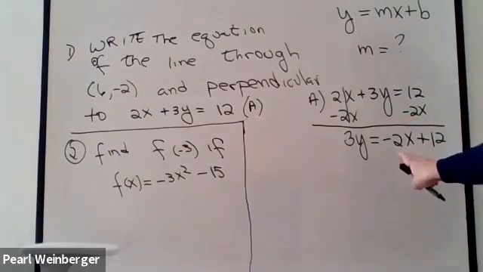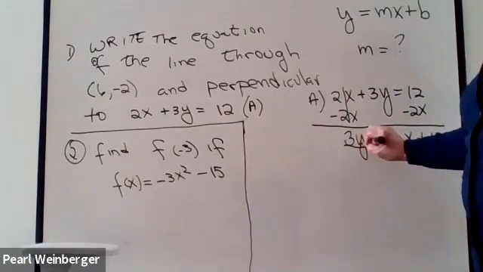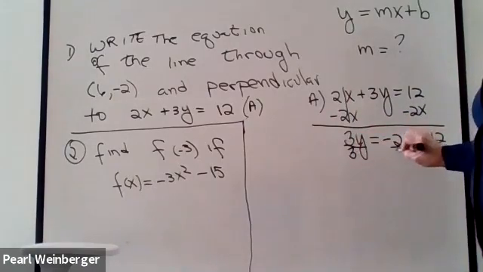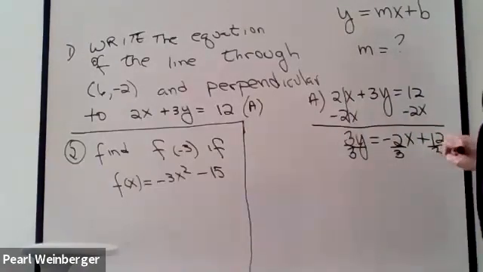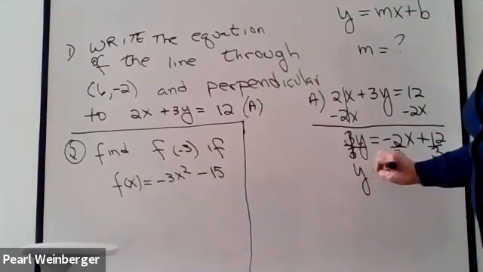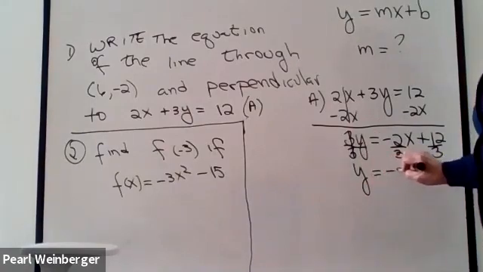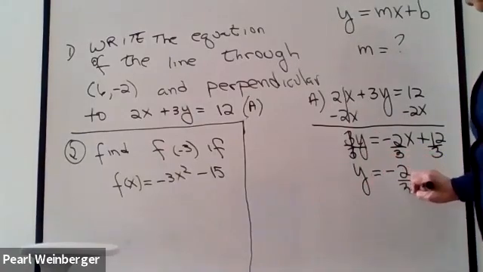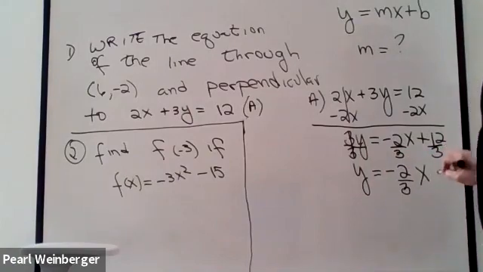Remember, we always try to put the x term first. And then we're going to divide everything by 3. So if we simplify this, we get y equals -2/3 x, and 12/3 is plus 4.